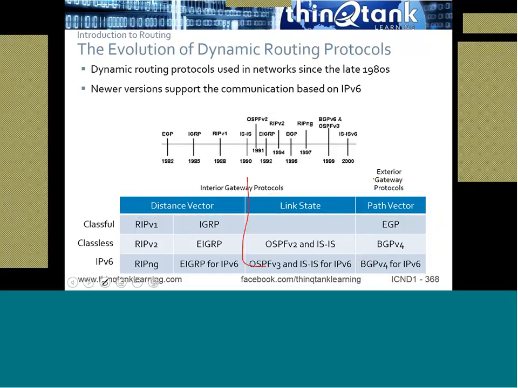I'm going to teach you guys what the fundamental difference is between link state and distance vector. There is a huge difference between those types of protocols. Link state and distance vector directly relates to how the protocols see the network, the algorithms that they use, and the way that they visualize the actual network.